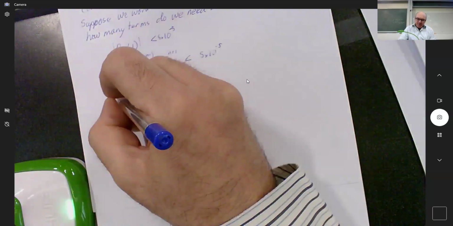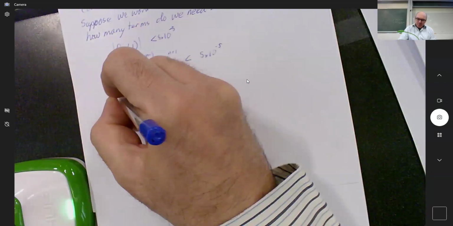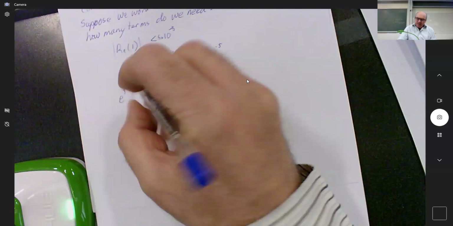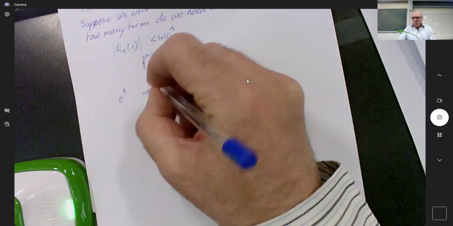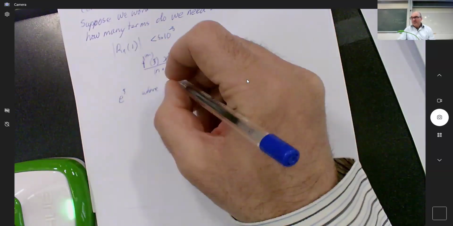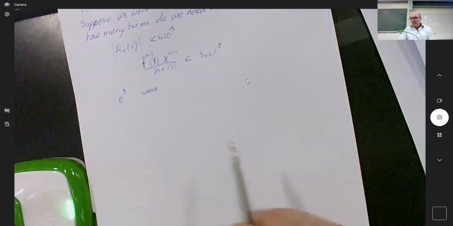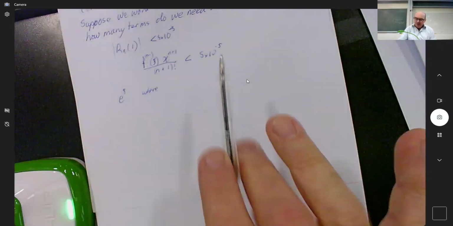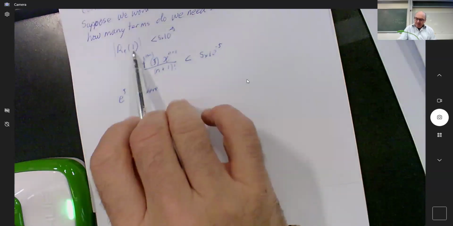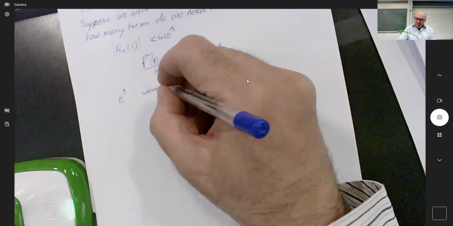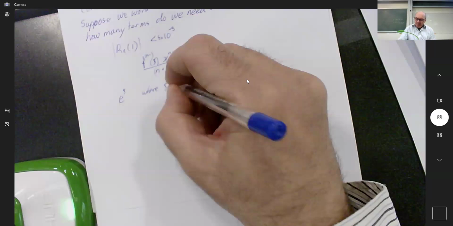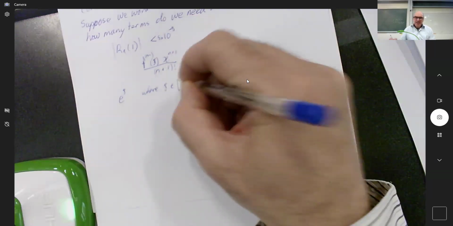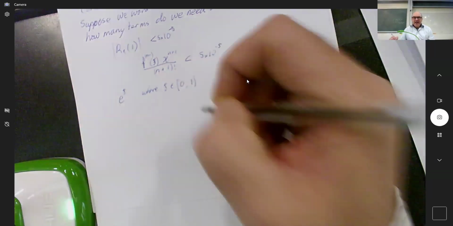Now, e to the xi. So Taylor's theorem says this value lies between a and x. So we said x is 1 and a is 0. So xi is in the interval 0, 1. I'm going to write it as a closed interval.